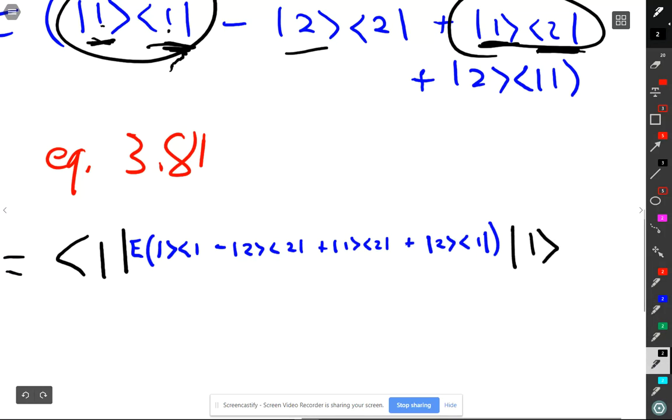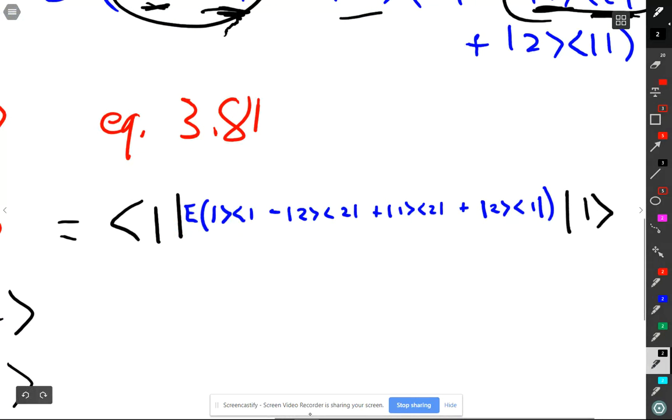Okay, so there I put my operator inside. And now that's going to give me 4 terms. All of them have E, so I'm going to factor out the E. And the first term is going to be 1, 1, 1, 1.